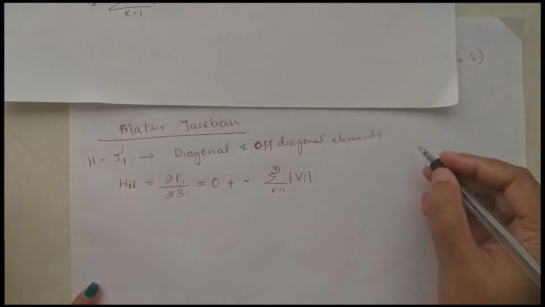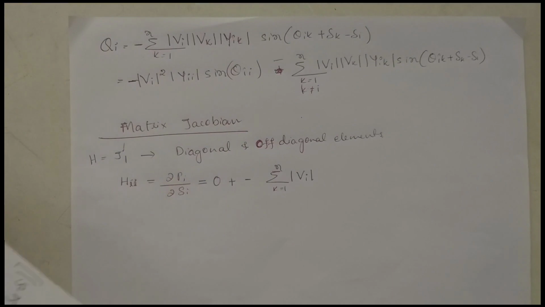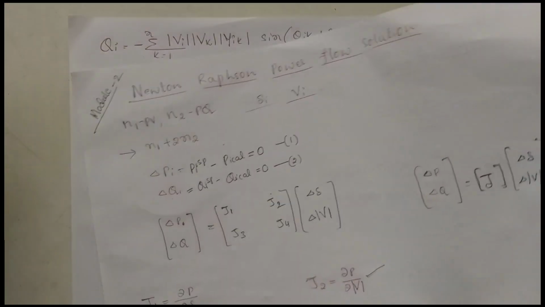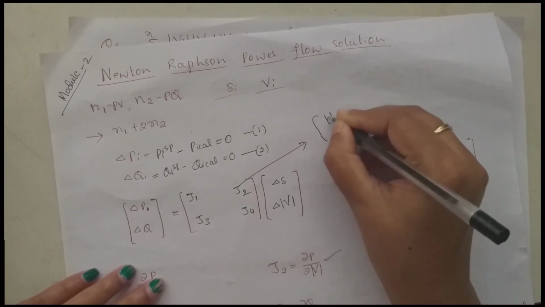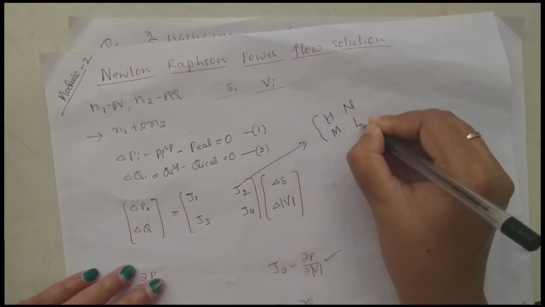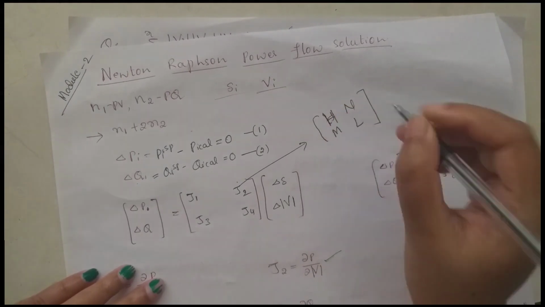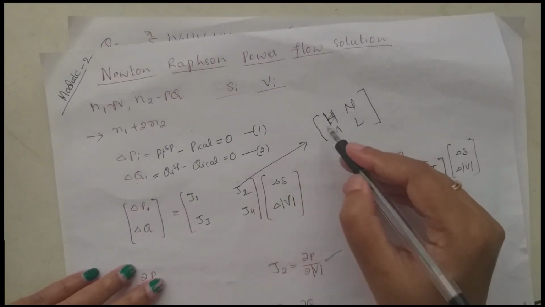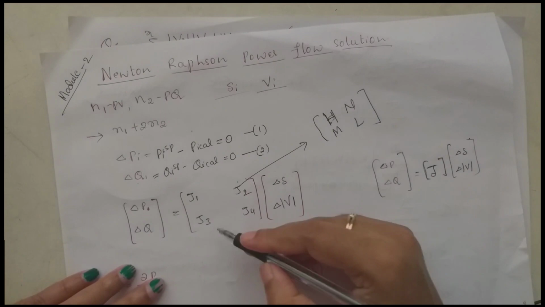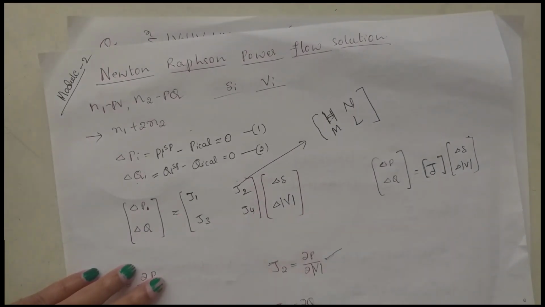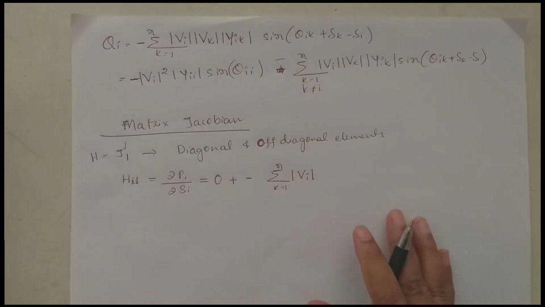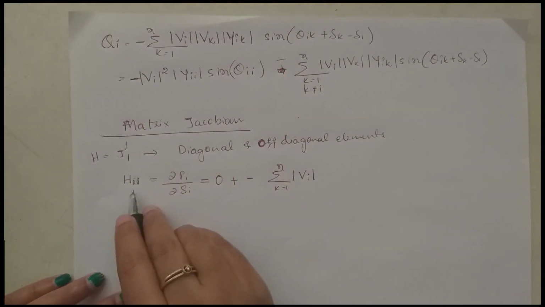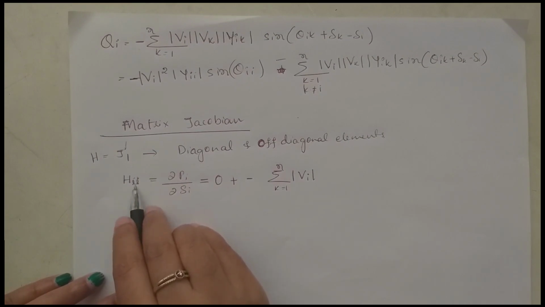Okay, the Jacobian matrix can also be represented by this HNML, okay, where J1 is equal to H, J2 is equal to N, J3 is equal to M and J4 is equal to L. So I represent the diagonal elements as Hii and off diagonal elements as Hik.